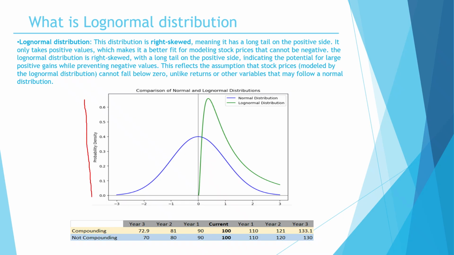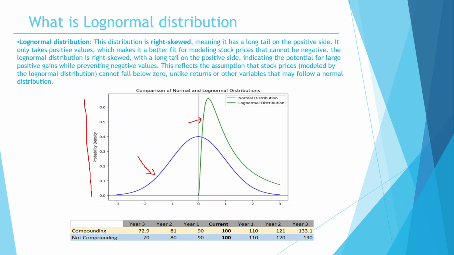In this diagram, you will see that there are two lines. The first is this blue line, and the second one is this green line. The blue line represents the normal distribution and the green line represents the log normal distribution.